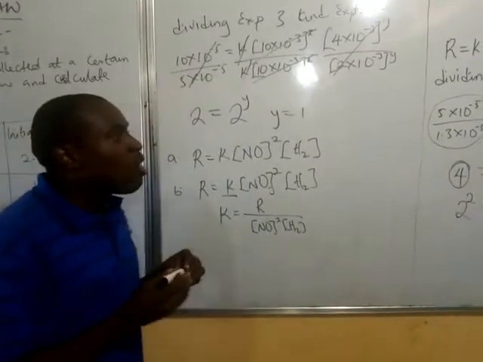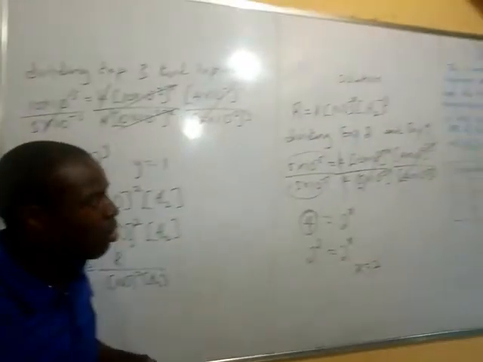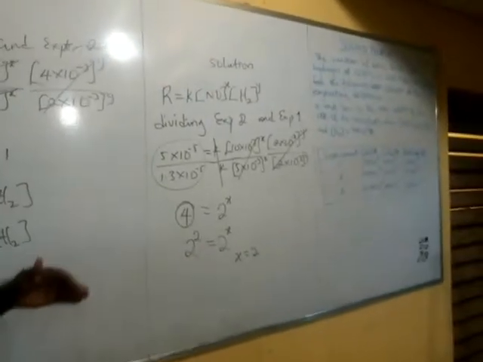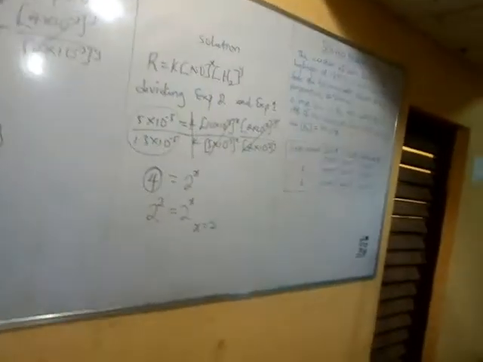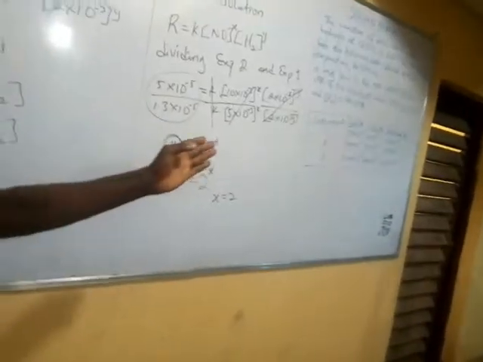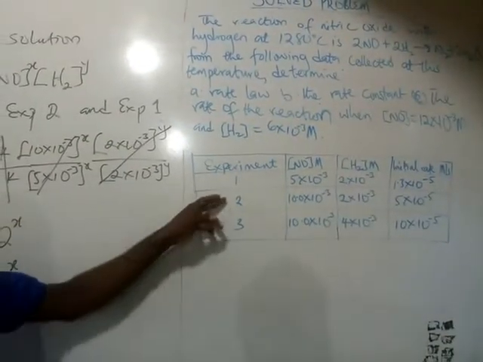Now in doing it, you can pick any of the values of the experiment, either experiment 1, 2, or 3. But we'll pick the data of experiment 2, so we can have a concrete answer. So it becomes the rate. You pick any of the experiments, either experiment 1, experiment 2, or experiment 3.